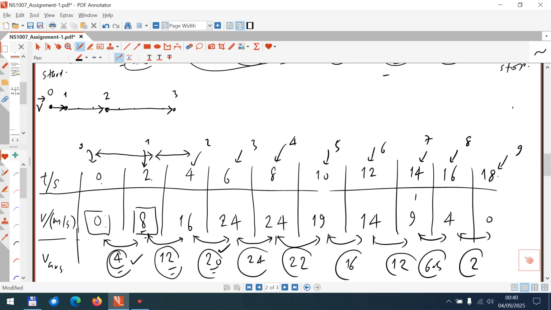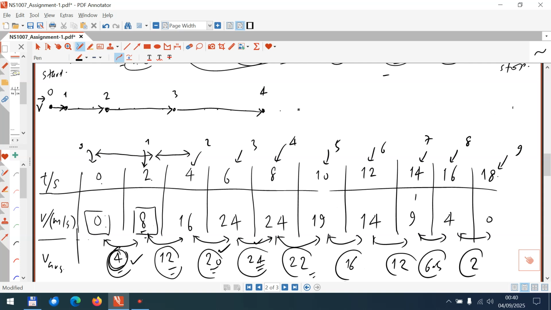Similarly, the next one is 24. It's even longer. So 1, 2, 3, 4, 5, 6. 6 times 4 is 24, right? Our basic unit is 4. So this is frame 4. The next one is 22. So a little shorter, because now the speed is slowing down.